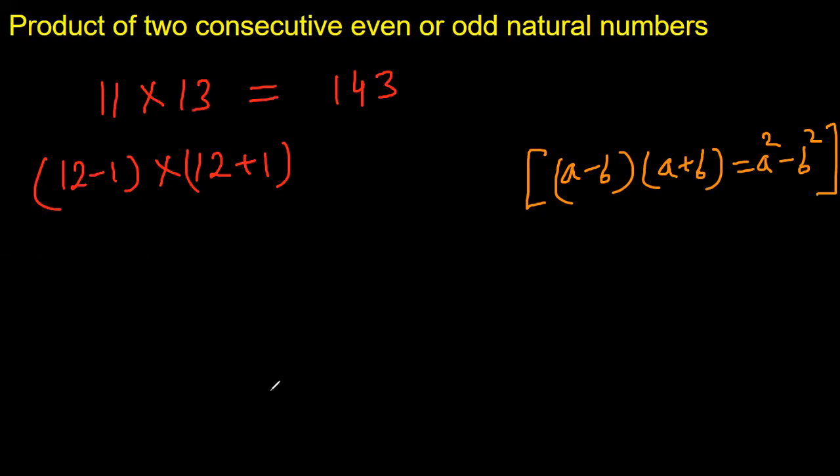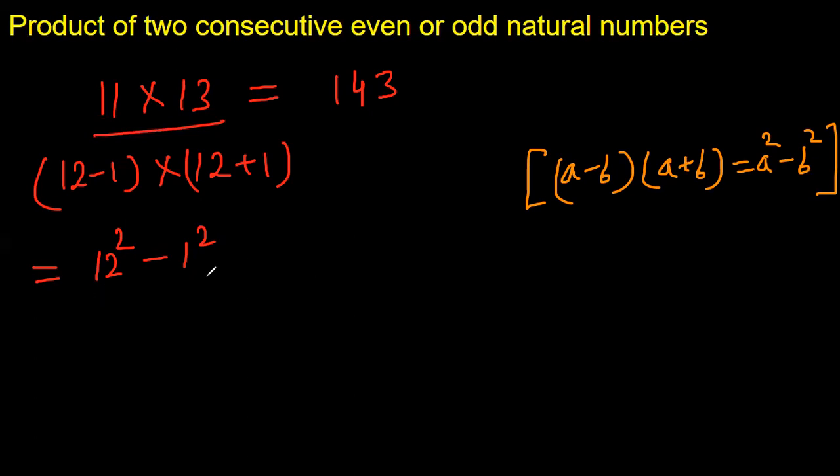So this can be written as 12 squared minus 1 squared. That means the expression 11 into 13 can be written as 12 squared minus 1 squared.